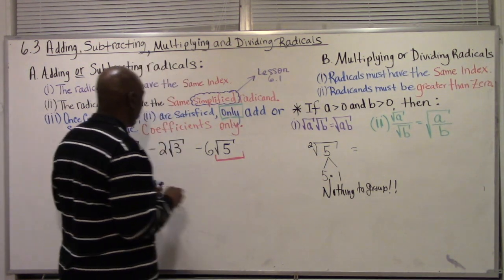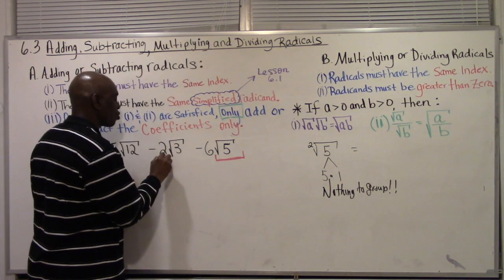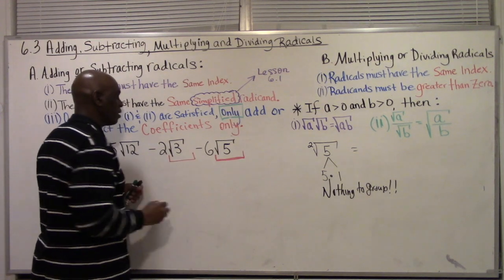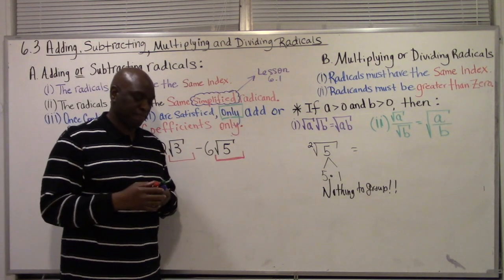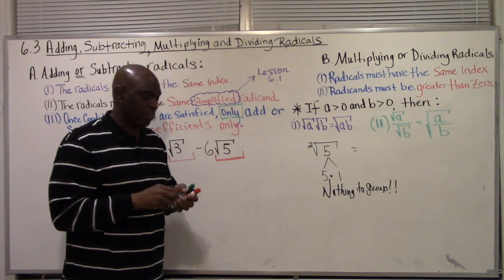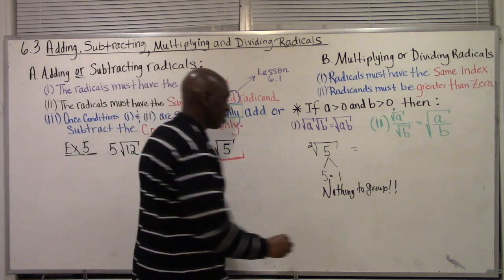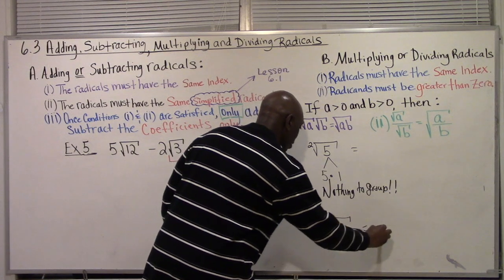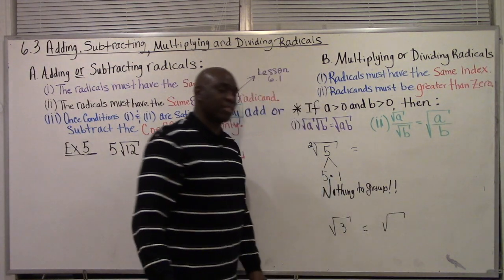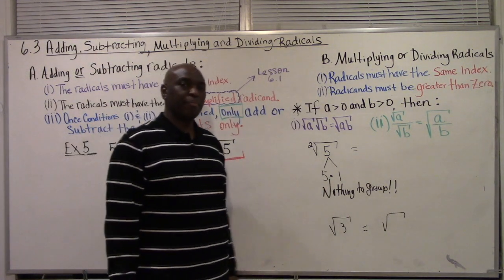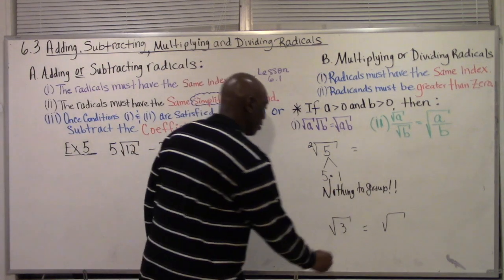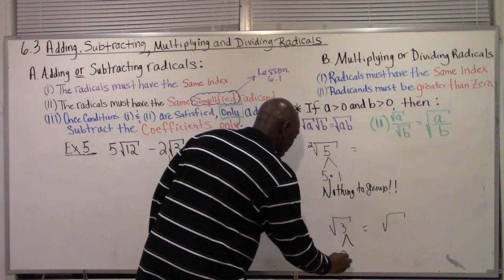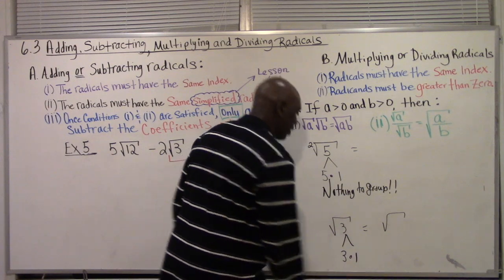How about this fella right here? The square root of 3. Let's take a look at that guy. Let's take him over to the shop. The square root of 3 equals square root. Okay, let's see if we can simplify him. Let's break 3 down. 3 is also 3 times what? 1.